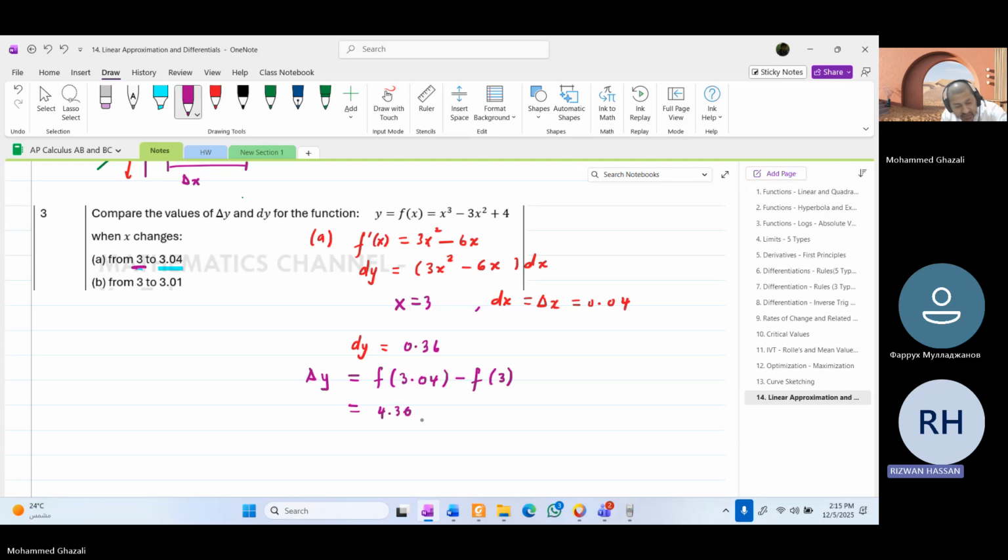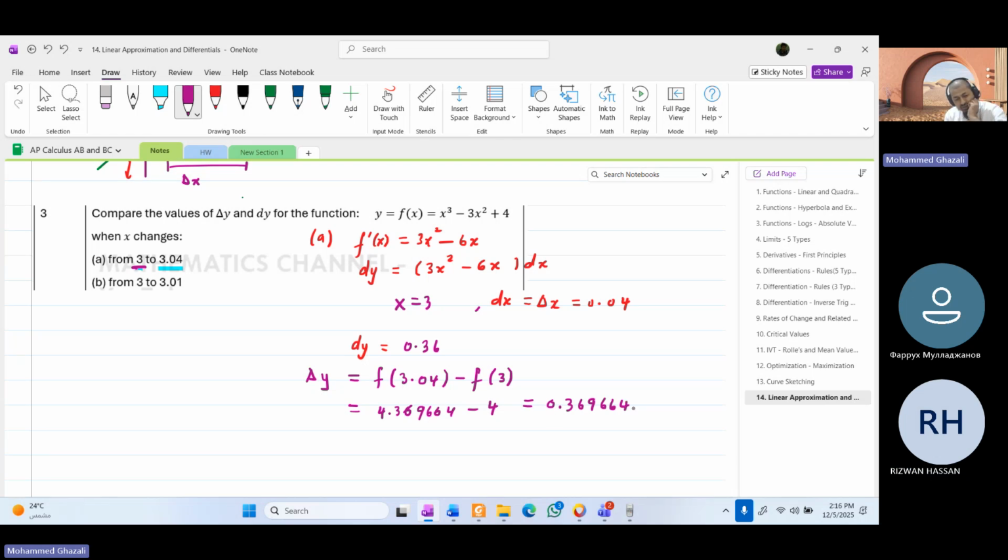It can't be such a huge value. So f of 3.04 is 4.369664, and f of 3 gave 4. So you're getting 0.369664. This is where the approximation is. So remember what I told you?